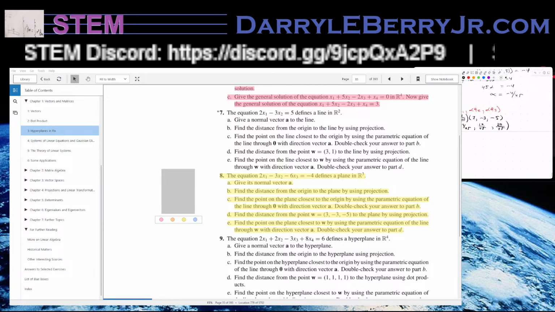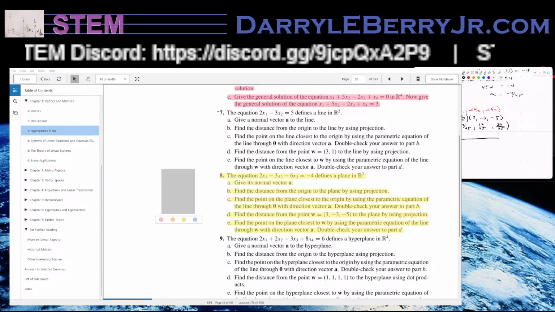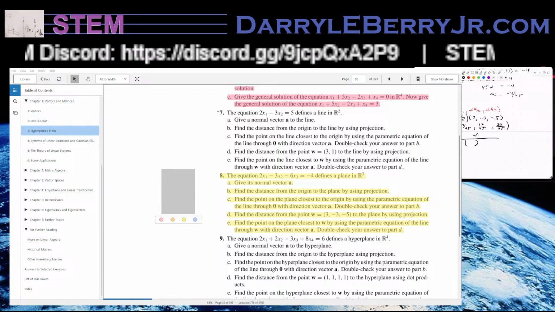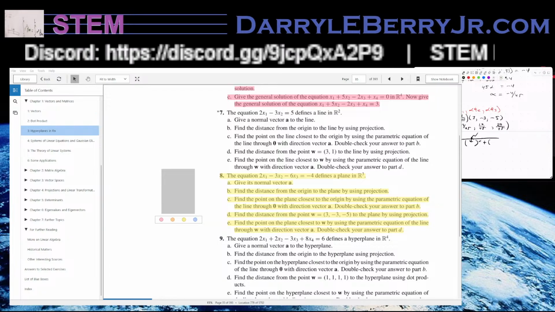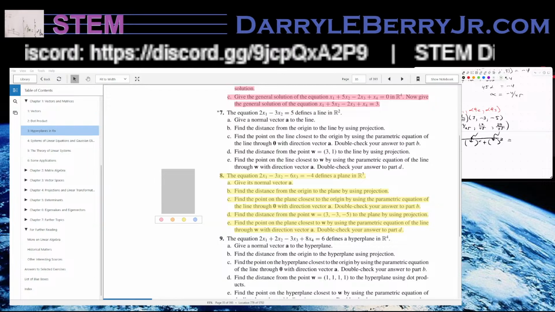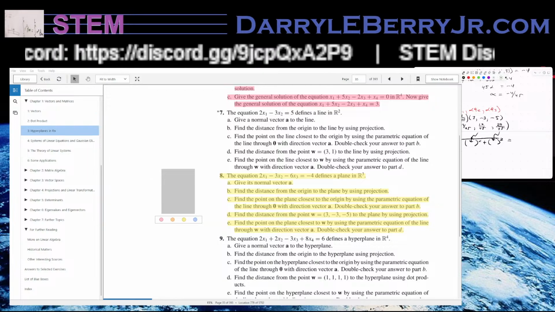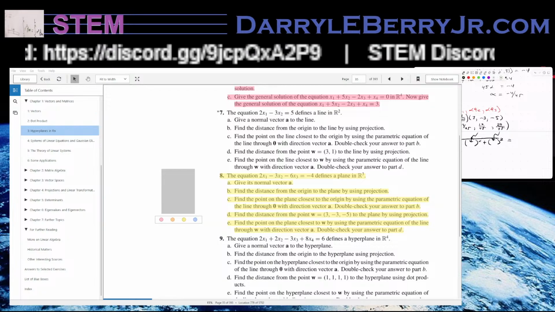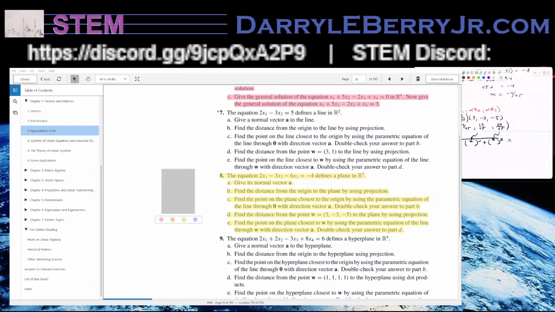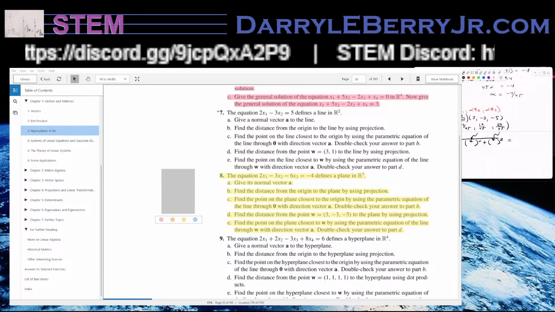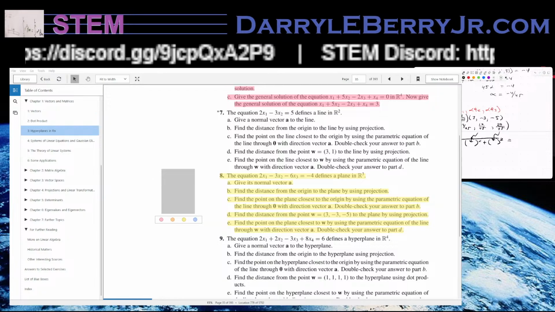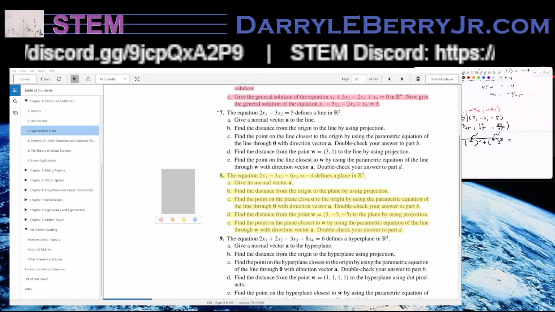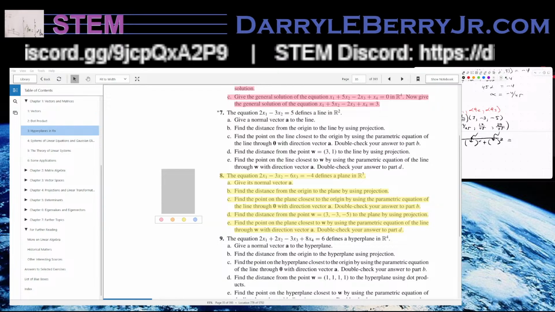Right, and let's check the magnitude on that. So that's the square root of each of these squared summed together. So that's going to equal this in my calculator.